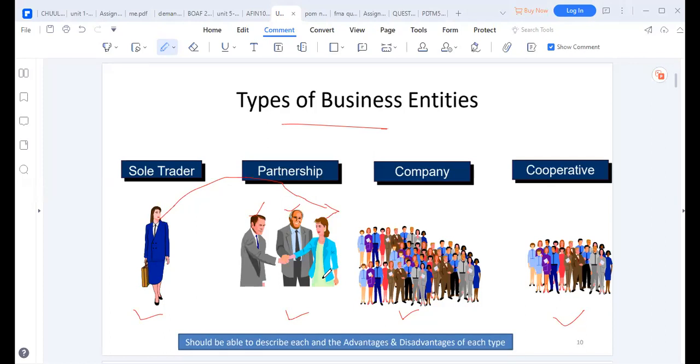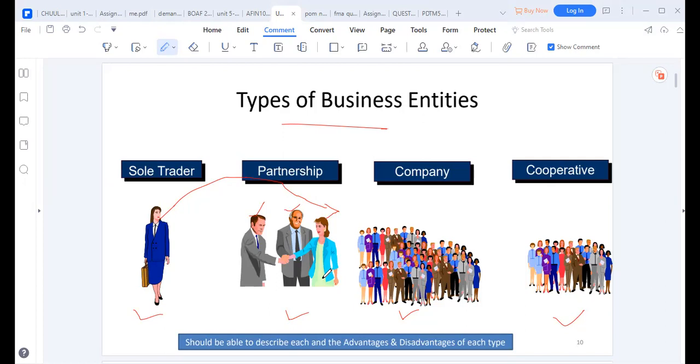This, for accountants and lawyers, is limited to 20. So partners can be active or passive partners. Partners can be limited.